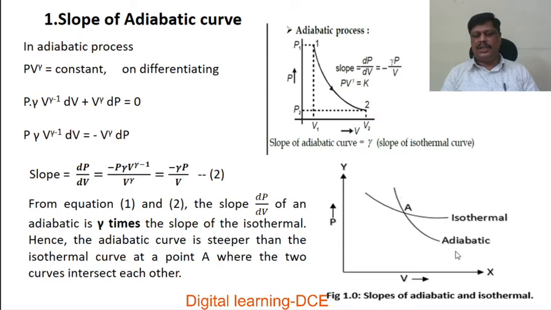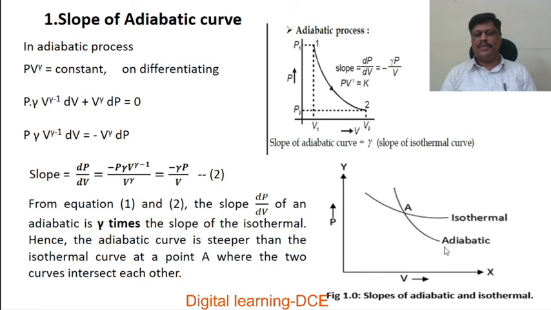As temperature decreases, the pressure also decreases because heat neither enters the system nor leaves the system. As the temperature in the adiabatic process is less than the temperature in the isothermal process, the pressure in the adiabatic process is less than the pressure in the isothermal process.